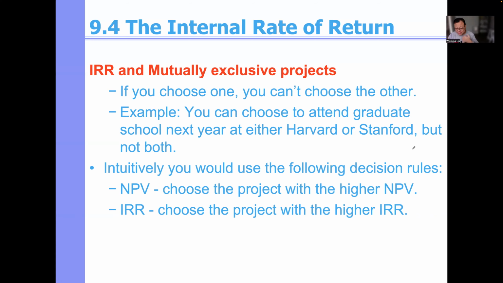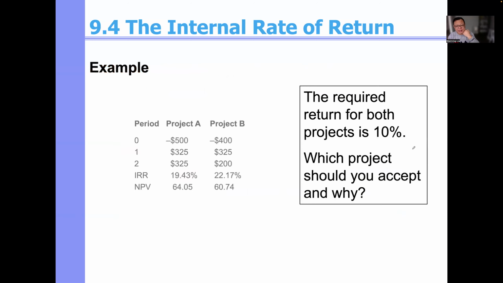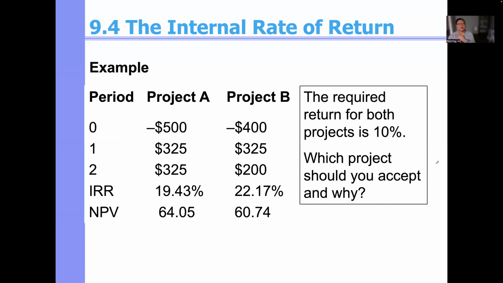But the interesting thing is, in this example, you have two projects, A and B, and they are mutually exclusive, okay? You have these streams of cash flows, and you calculated your IRR and net present value, right?